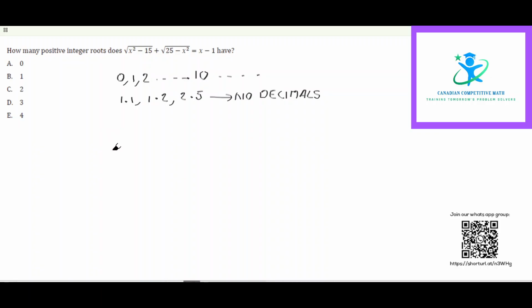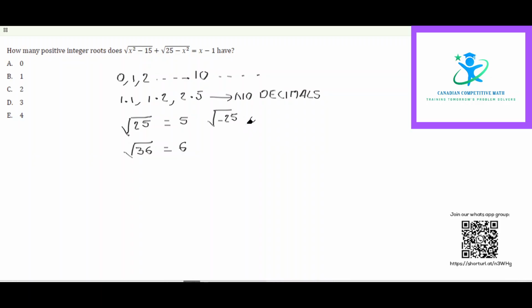And you need to understand the concept of square root here. Say square root of 25. We all know that square root of 25 is 5. Square root of 36 is 6. How about square root of minus 25?